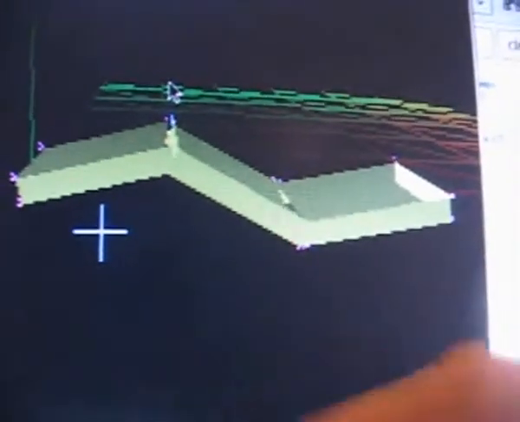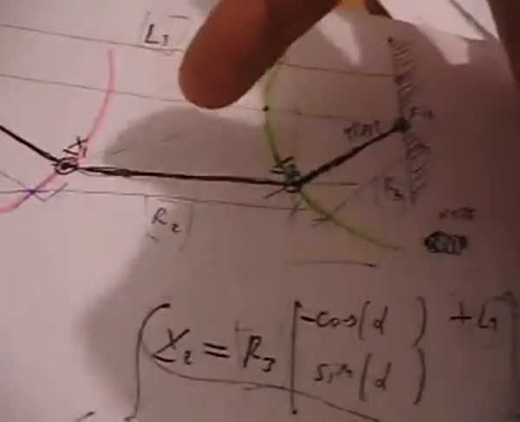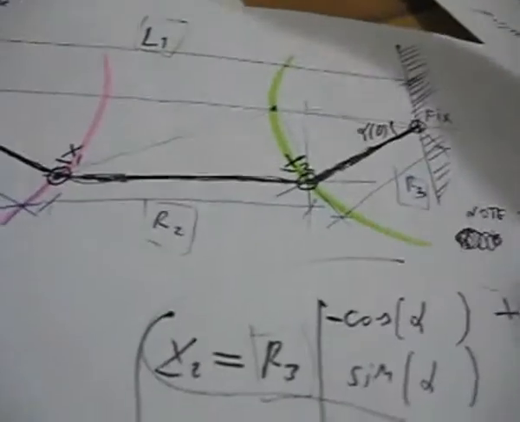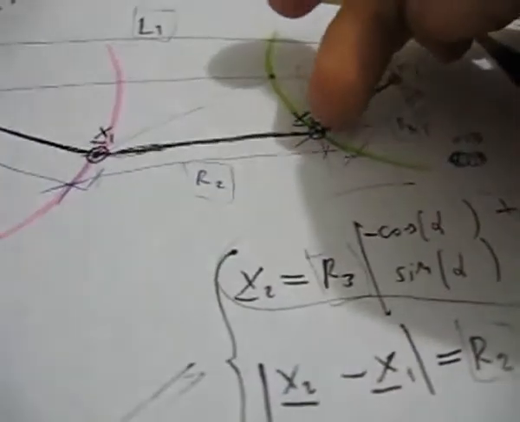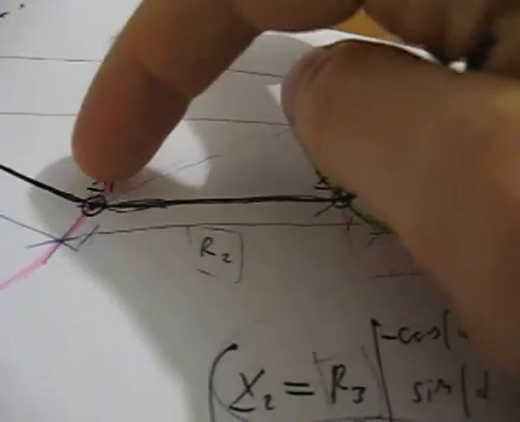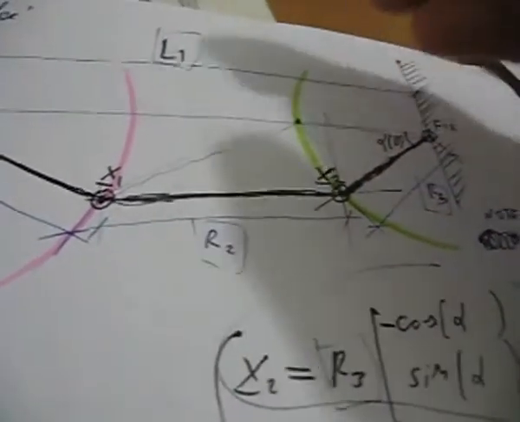Exactly. The passage from curvature this way to curvature this way, because there are 2 possible values of alpha for which this distance equals R2, and there is a very delicate passage from the curvature down and the curvature up, and this change depends on the direction from which this point was approaching this change of direction situation.